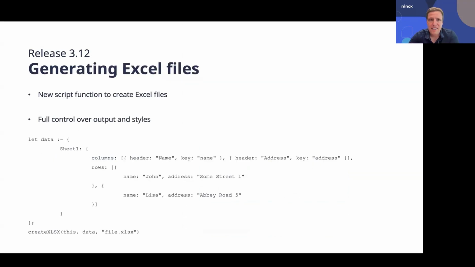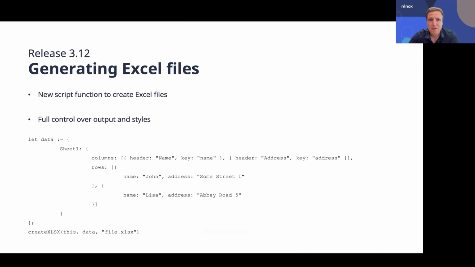And then finally, we will take a look at how we can generate Excel files from within Ninox script. I think we'll take a huge part of this demo to show all the options and possibilities. I think everybody knows that Ninox has had a standard Excel export as one of the core features right from the beginning.